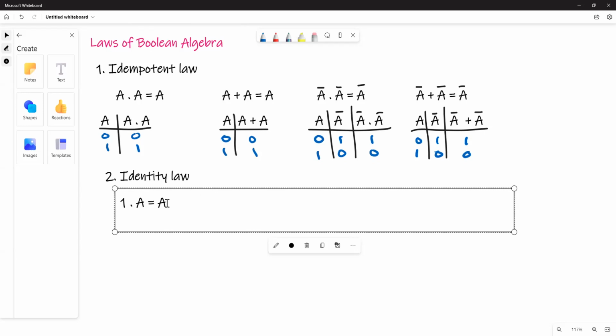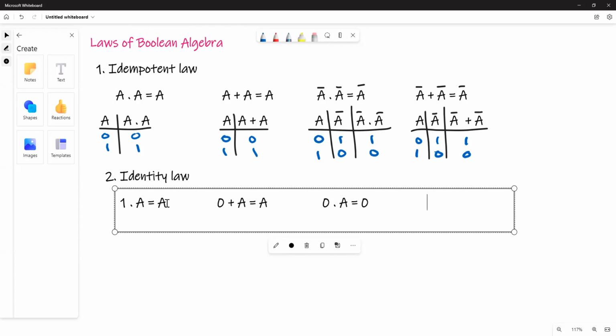Second one, when you have 0 plus A, this will be A, no change. Similarly, 0 multiplied by A will be 0.